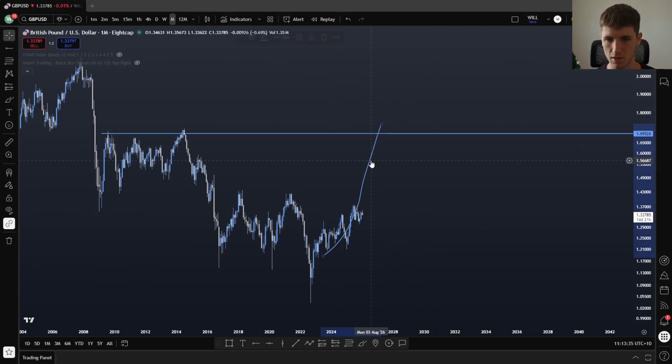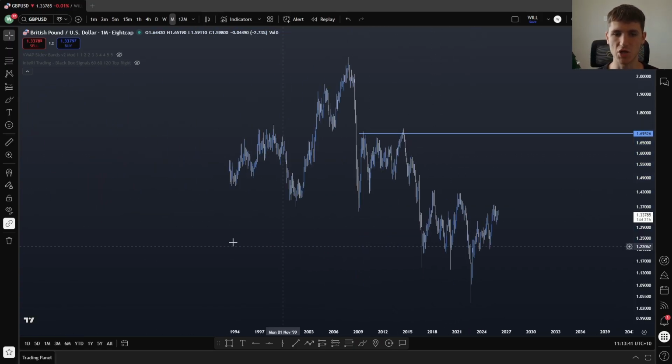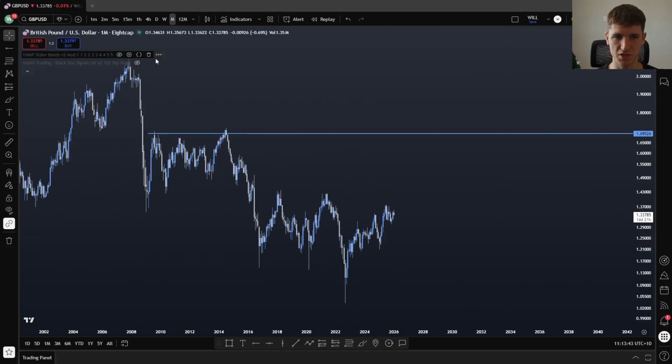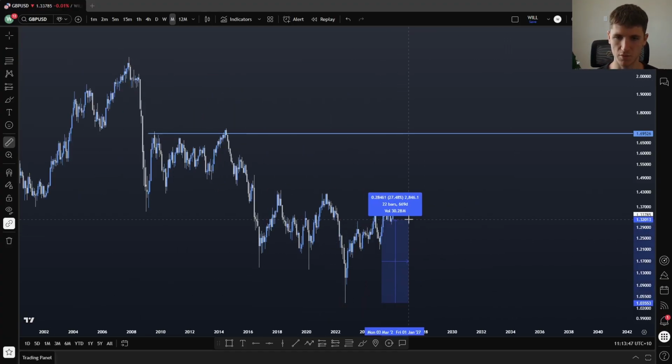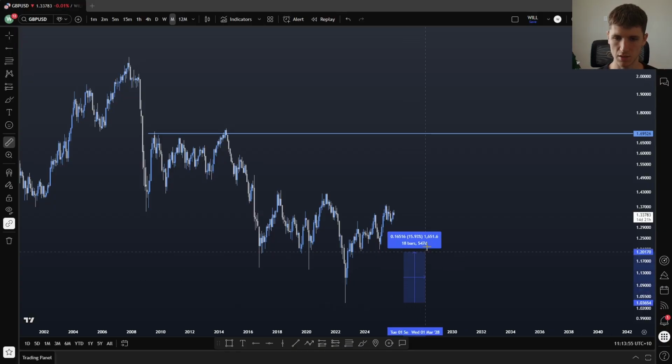Now, an indication that price is potentially shifting to bullish market structure is going from the lowest price point instead of the highest and measuring 20% from the low. And as we can see, let me do that again. As we can see, it is above that 20% mark. So I'll do it here.